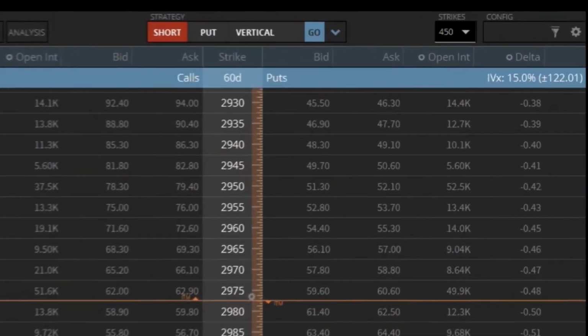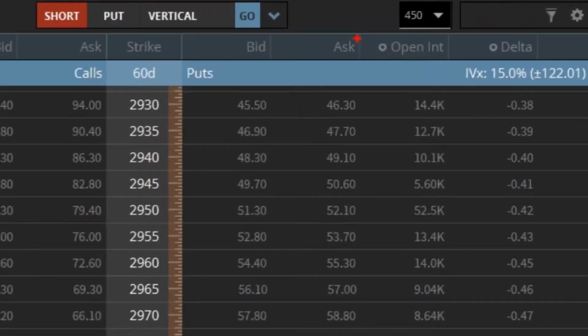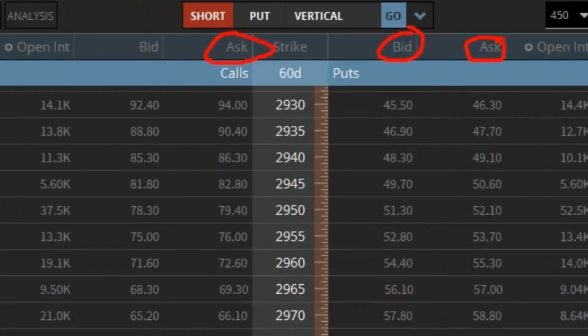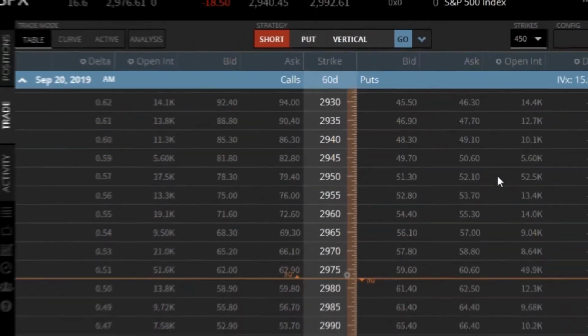And if we move on and look at the ask and bid on this option chain, once again, it's on both sides of the TastyWorks platform. So the ask and bid is where you can buy and sell at. You can buy at the ask and you can sell at the bid. And it just looks like this.